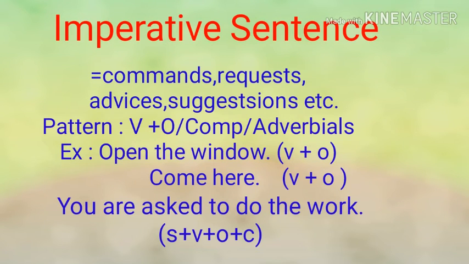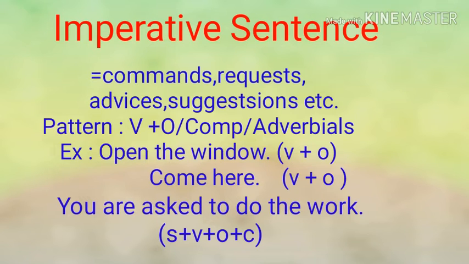Then, imperative sentence. Imperative sentence is that kind of sentence which commands, requests, advises or suggests something. For example, open the window. So its pattern is verb, not subject but verb plus object or complement or adverbial.